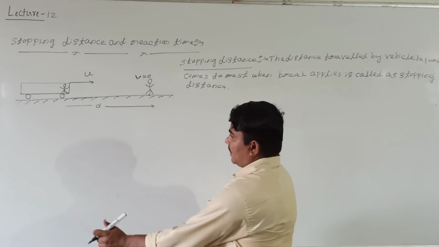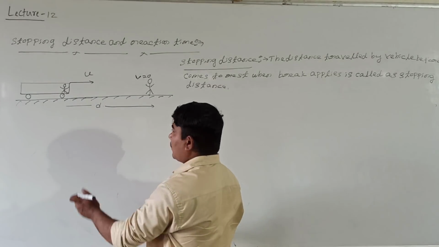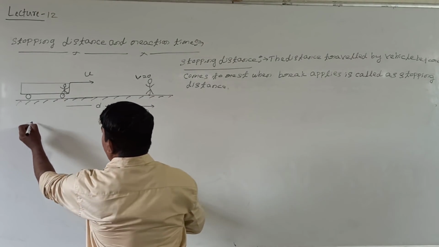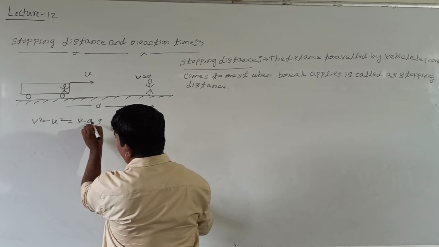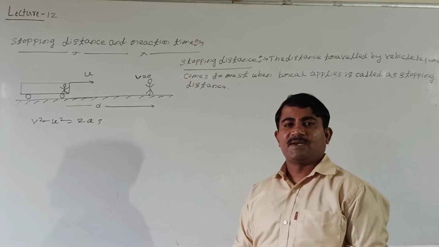See here, we know the equations of motion. v square minus u square is equal to 2as.